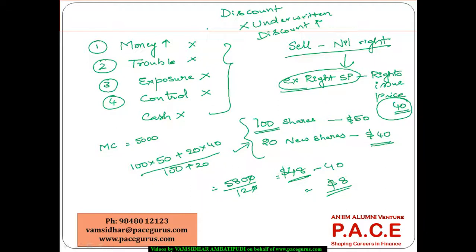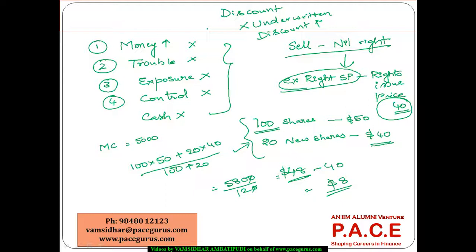So instead of paying a fee to the investment house, to the issue house, the companies may very well think of offering a higher rate of discount, and that could reduce the requirement for underwriting.